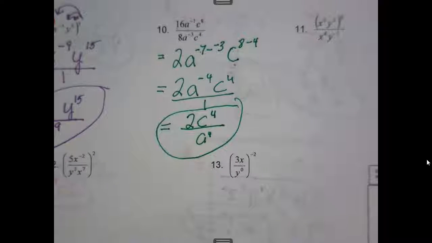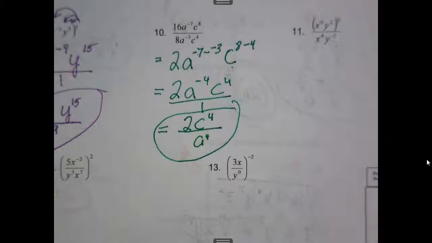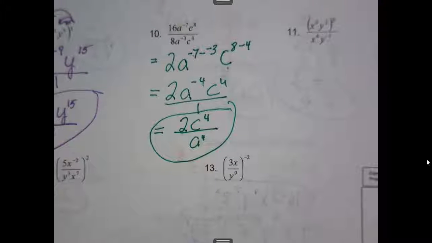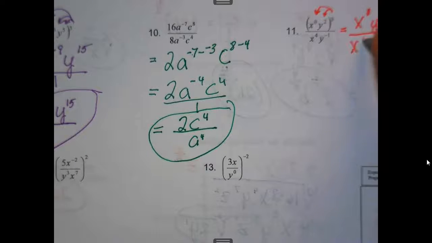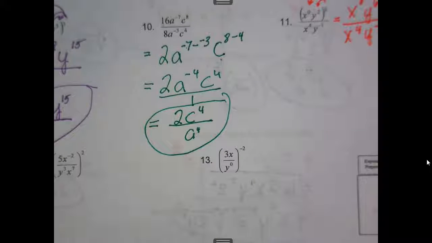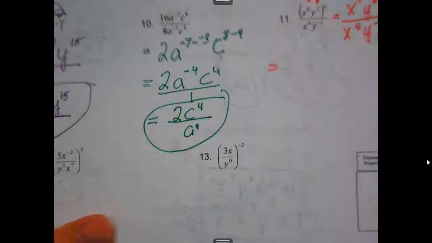There's my answer. Okay, number 11. Yes, sir. Got it. I have an exponent outside parentheses, so I have to multiply every exponent by 3 for the numerator. Nothing to do in the denominator yet. Okay, let's see.